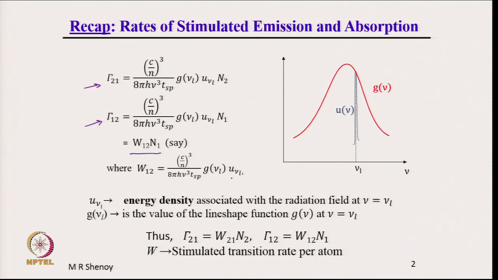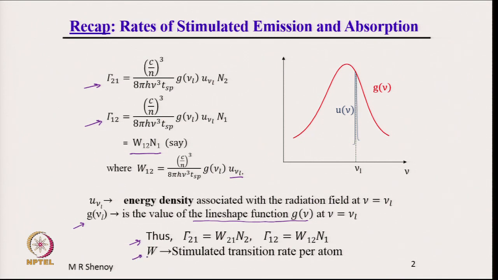where U nu is the energy density associated with the radiation field at nu equal to nu L, and G nu L is the value of the line shape function G nu at nu equal to nu L. And therefore, the rate of stimulated emission gamma 21 is equal to W21 into N2, and gamma 12 is equal to W12 into N1, where W is the stimulated transition rate.